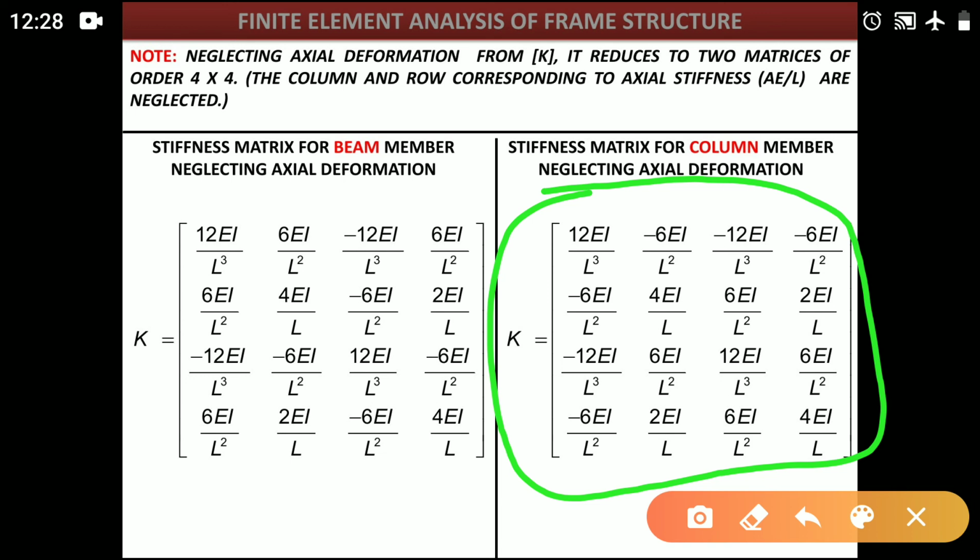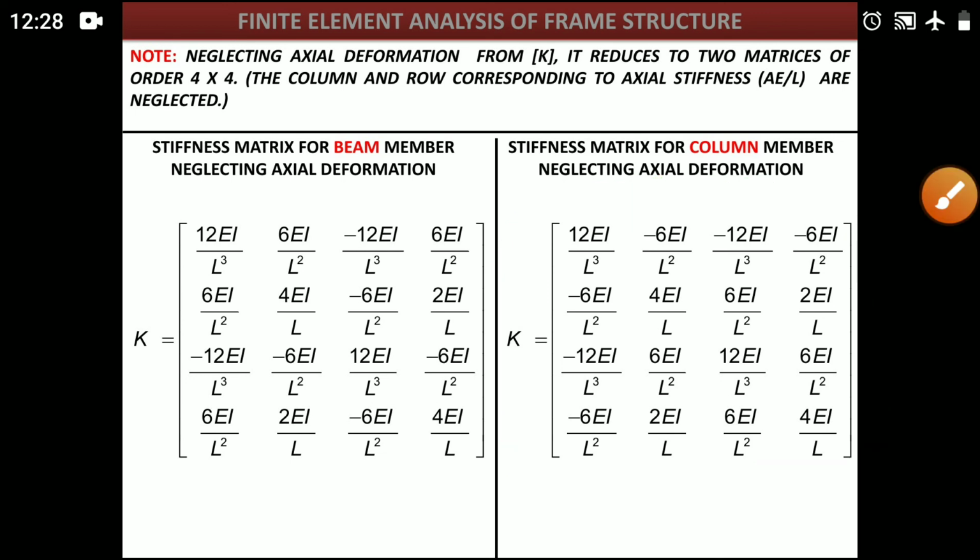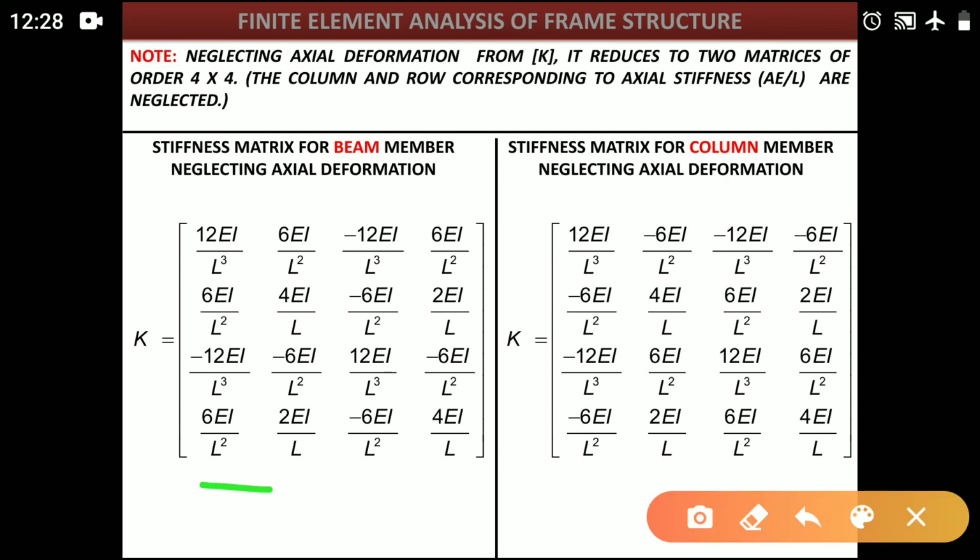Okay. So if you see the matrix for beam and column, these two matrices, you can see just a difference of minus sign. Remaining all elements are same. See, again make a dividing line here for simplicity.